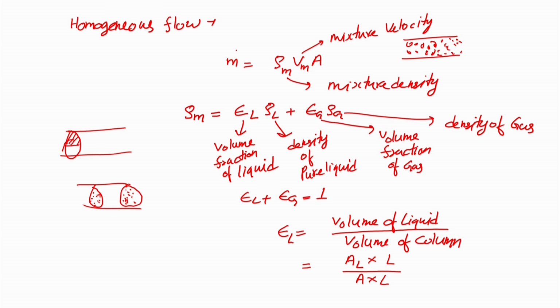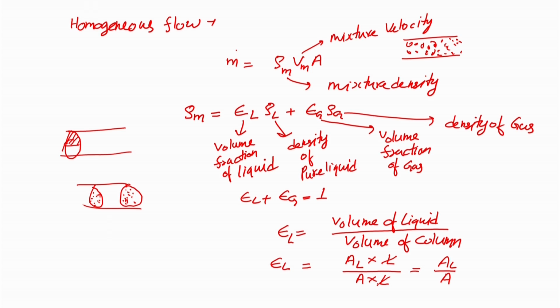So, that distribution may change over the length of the reactor, but AL remains the same, the fraction of the area occupied by the liquid remains the same. So, I can write epsilon L as AL upon A, since the length will be cancelled out.